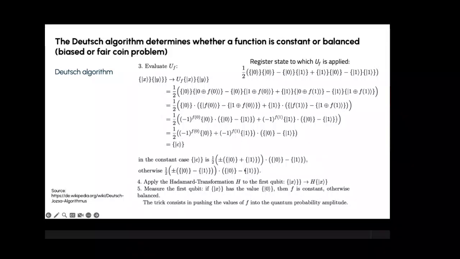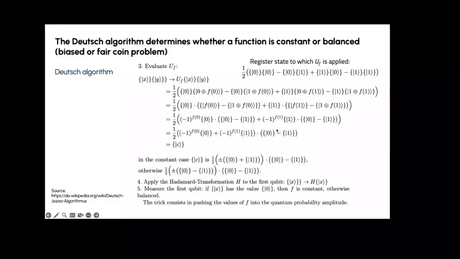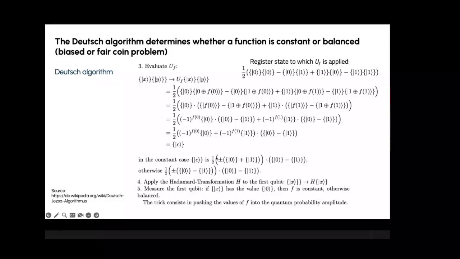And because this is basically plus minus 0, the minus can be put back in here, and then you get 0 plus 1. Sorry, the 0 plus 1 comes from here, and the 0 minus 1 comes from here. And if f is not constant, then f of 0 will be 1, and f of 1 will be 0, and then the result is this.